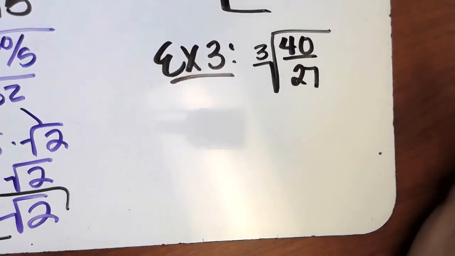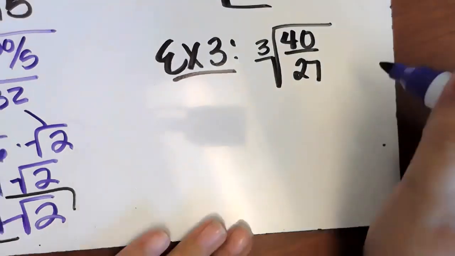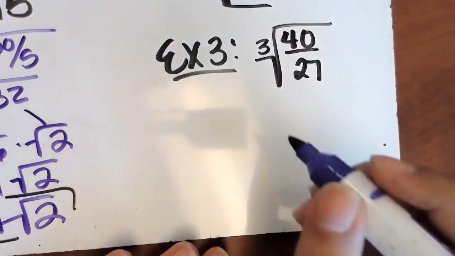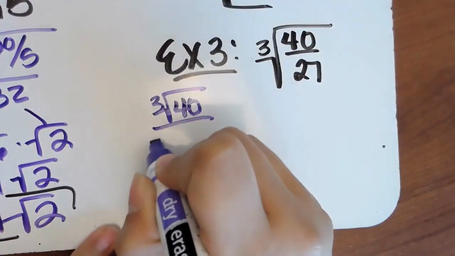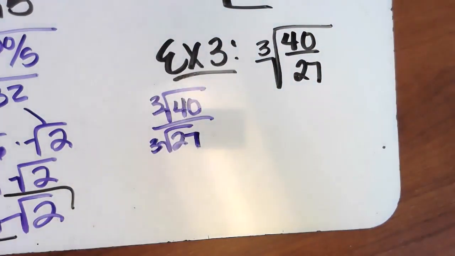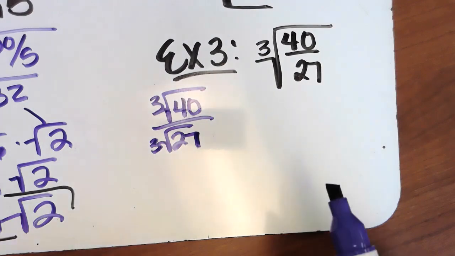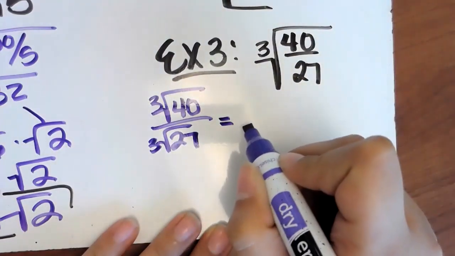So if we look at this third example, 40 and 27 have absolutely nothing in common. They don't have any common factors. So let's do the opposite of the product rule and split them up. So this gives you the cube root of 40 over the cube root of 27. And then notice that 27 is actually a perfect cube.